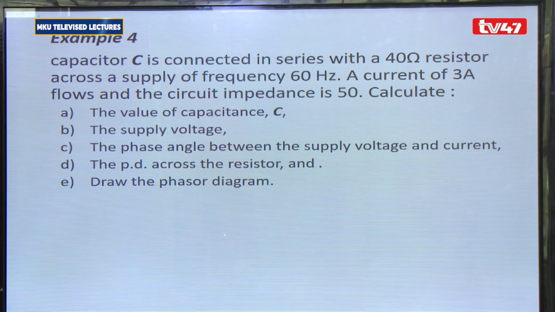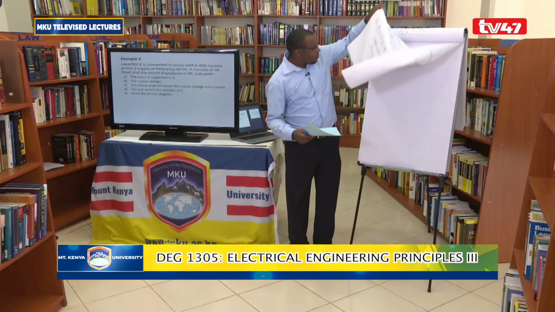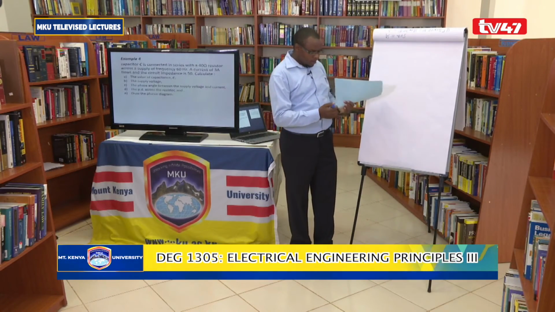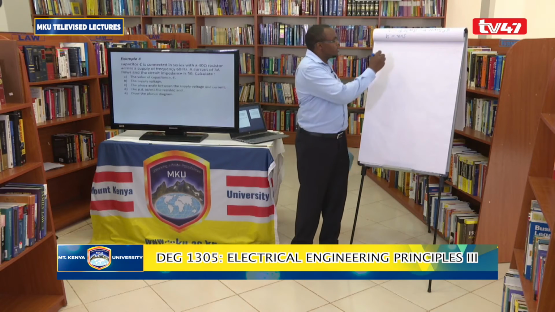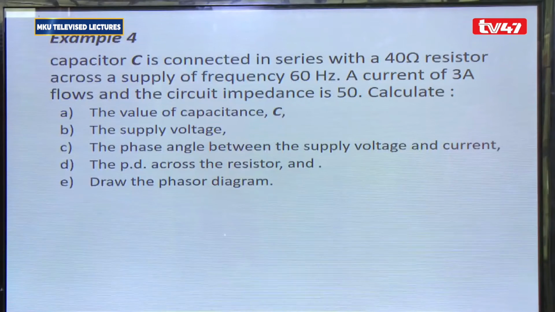Now, let's have an example here. A capacitor C is connected in series with a 40 ohm resistor. So the resistor is 40 ohm.